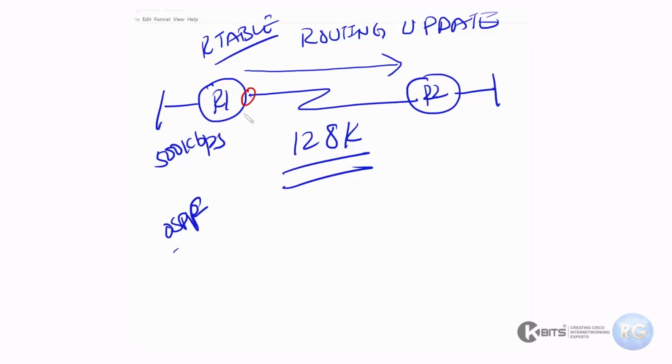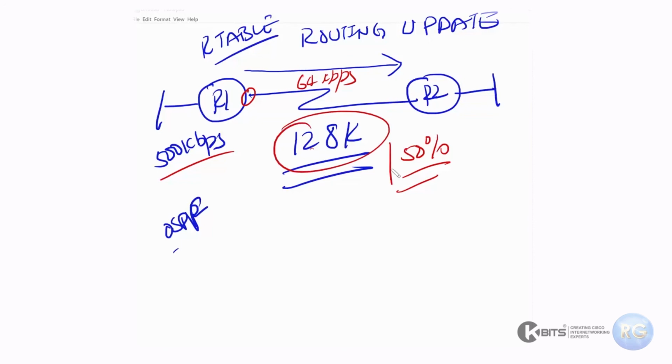What it does is it says on a link, I will never take up more than 50% utilization or 50% of the bandwidth. So even though I need 500 kilobits per second, this link is 128 kilobits per second. I'm going to send it in 64 kilobit chunks, allowing at least 64 for the data.